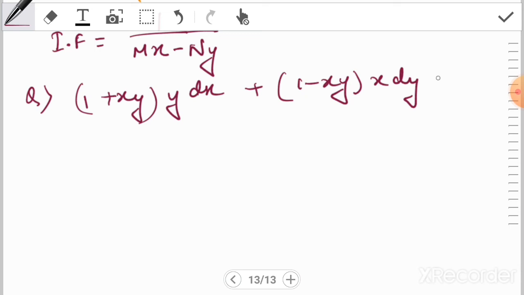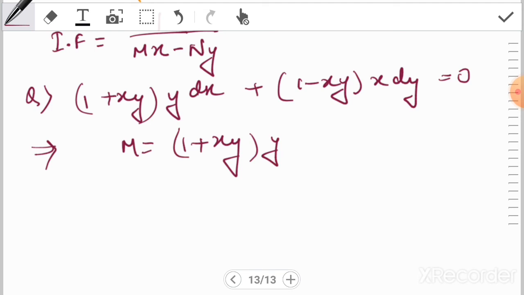Here there are two different functions of xy. So M is (1 plus xy) times y and N is (1 minus xy) times x.